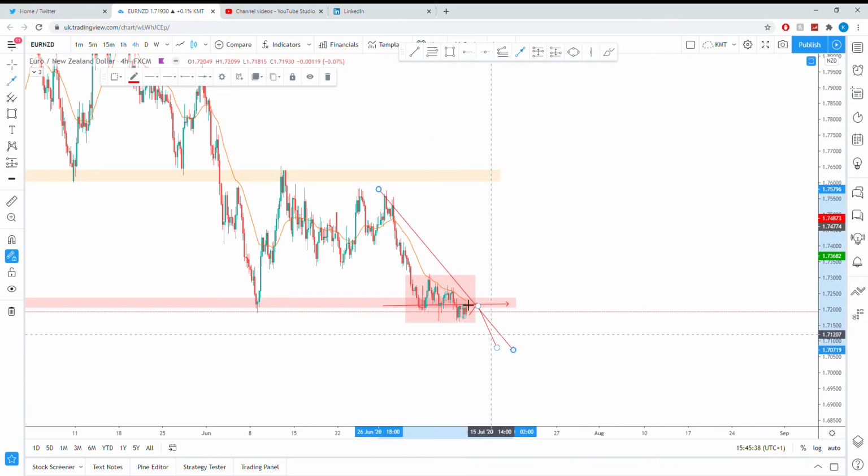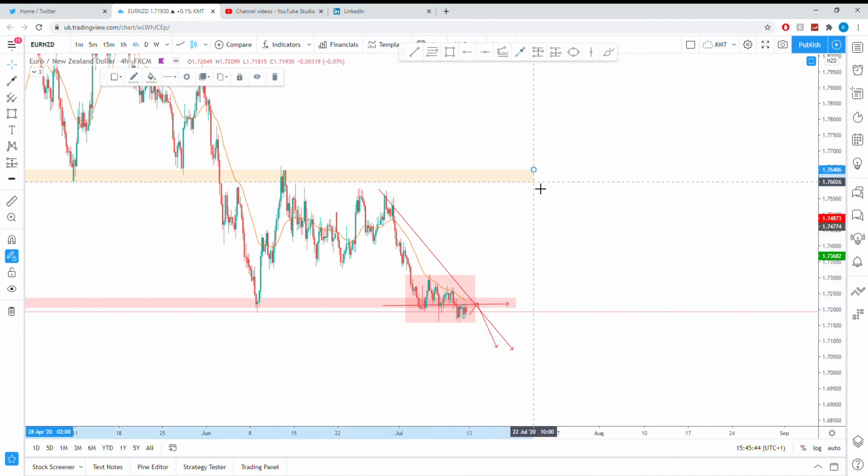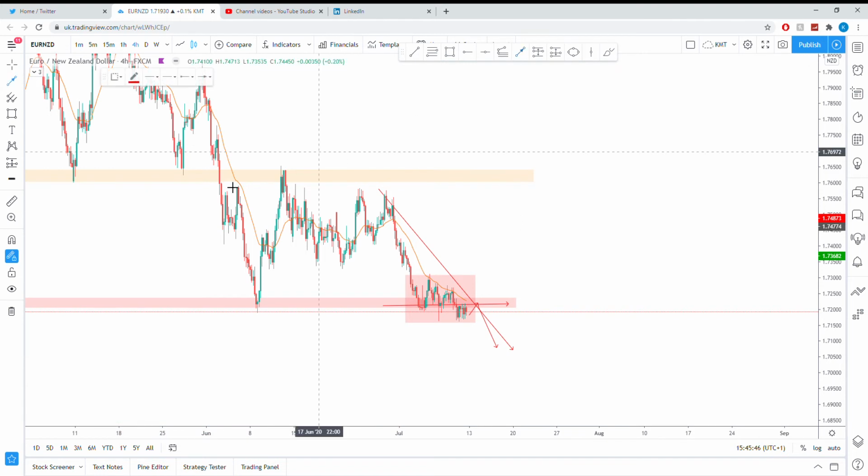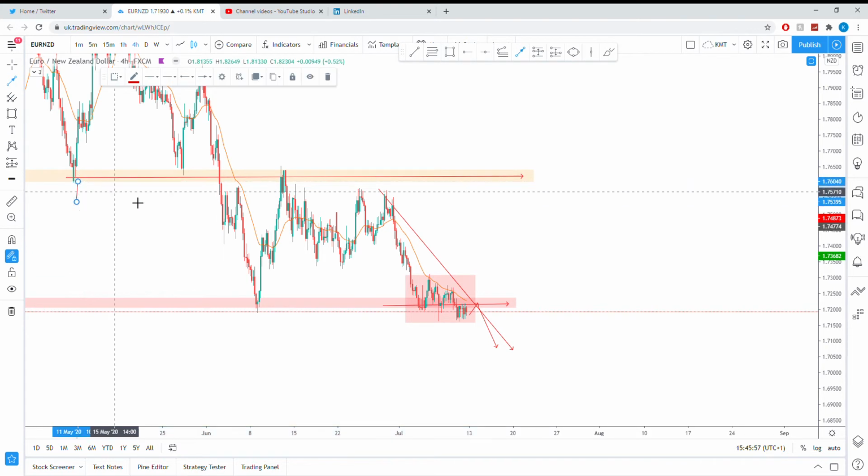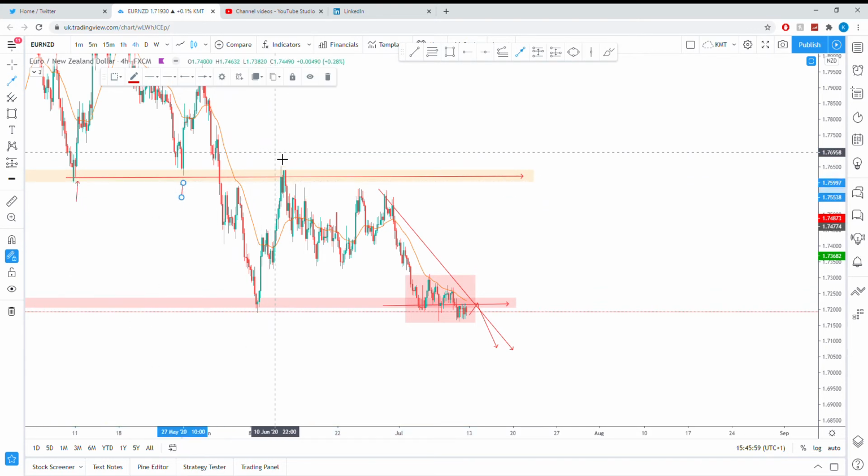If we break this downtrend, I will be looking for potential buys, but my only buying point would be at this level here, which is at the upside, roughly just below 1.765. The reason for this is because we've had previous resistance here. This is support, now this is resistance.